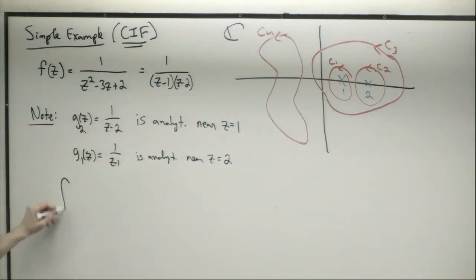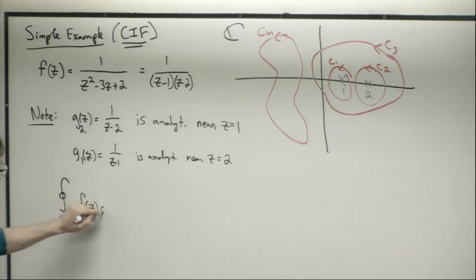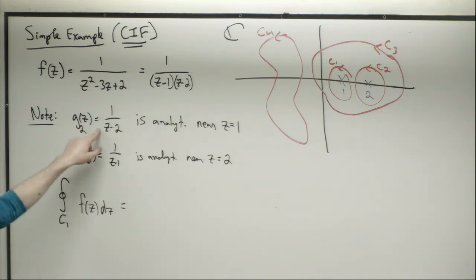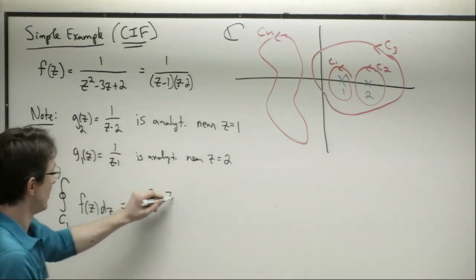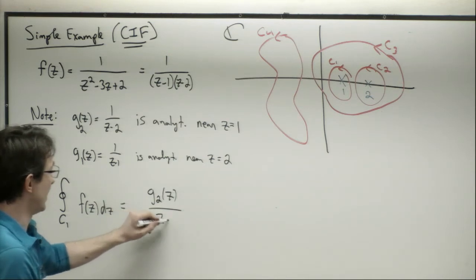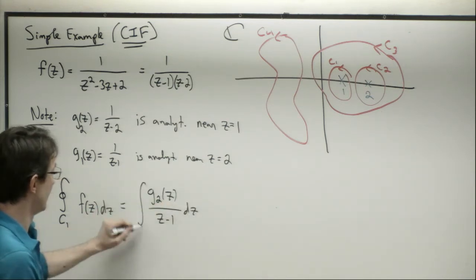So let's try the integral around C1 of f of z dz. Okay, that's just equal to G2 divided by z minus 1 dz.